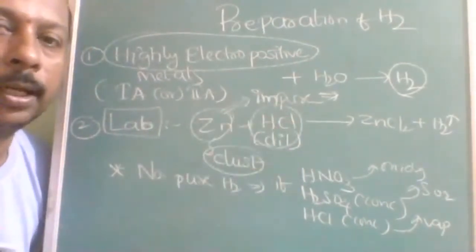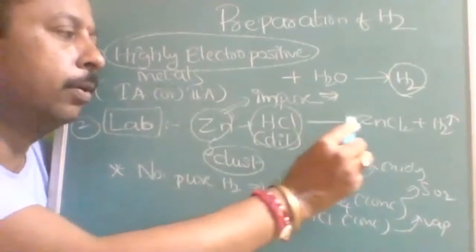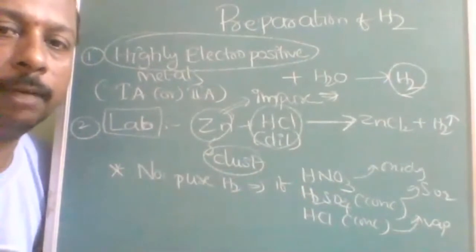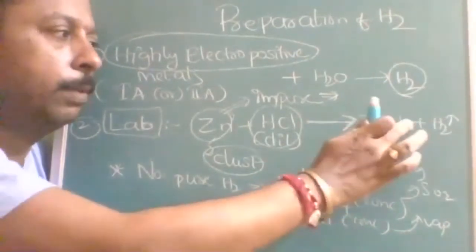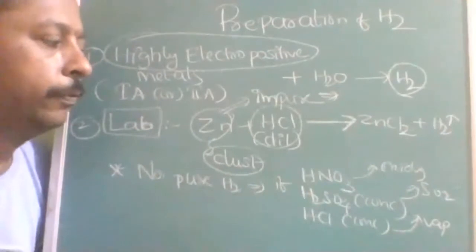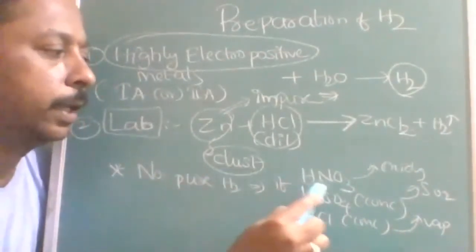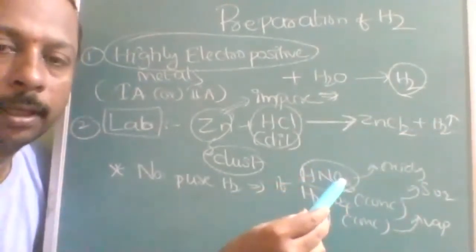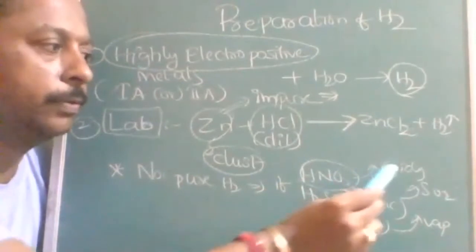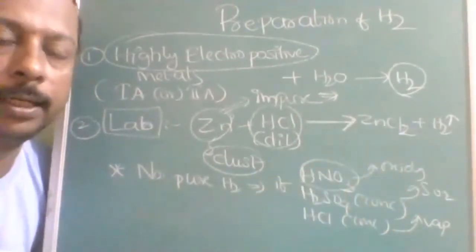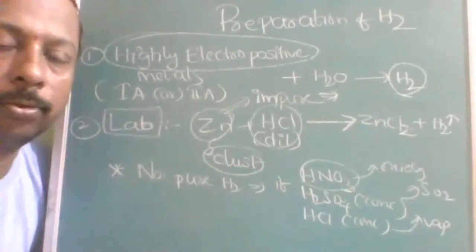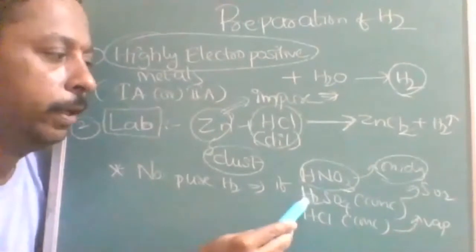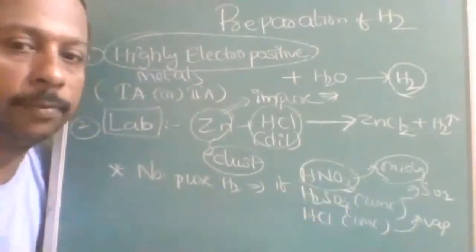What we will use? Dilute HCl. So why are we not using concentrated? There is a reason behind it that I am going to tell you now. ZnCl2 plus H2. If I use concentrated nitric acid, along with the hydrogen, oxides of nitrogen can also be evolved, like NO2, N2O, NO. When I use sulfuric acid, oxides of sulfur will be evolved.